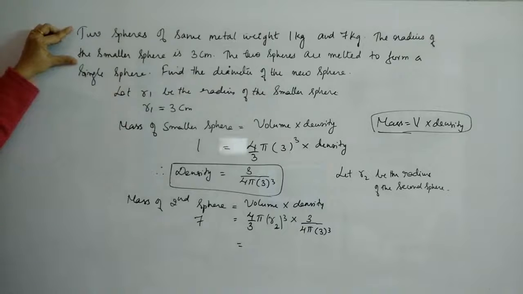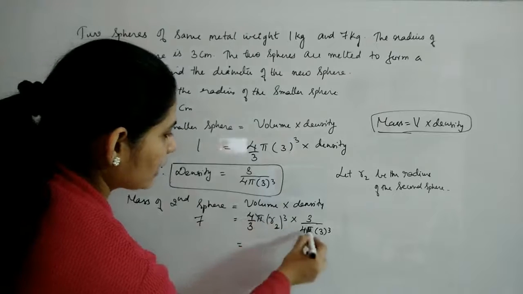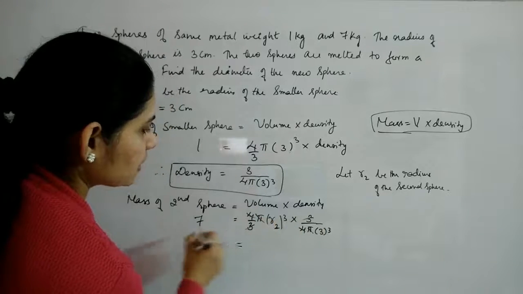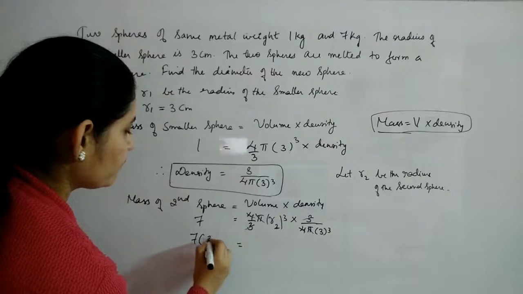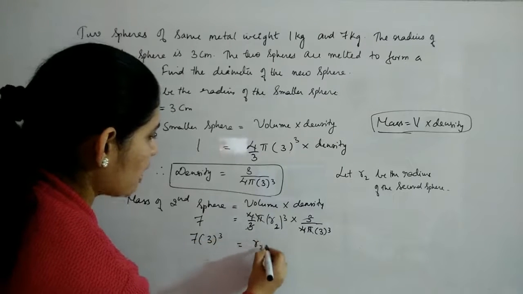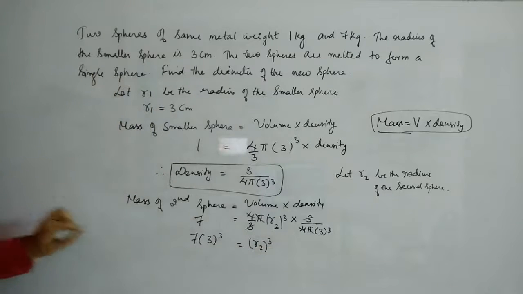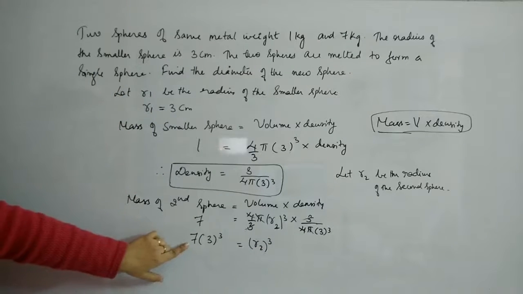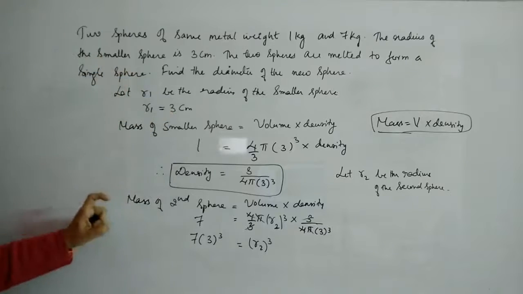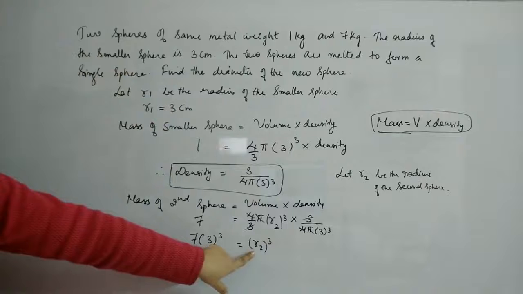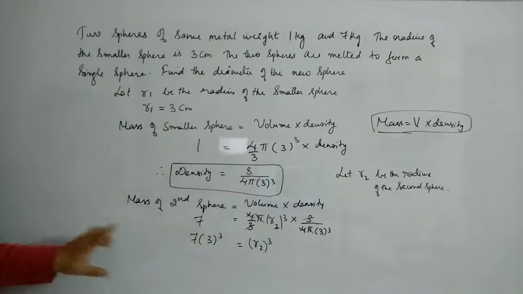So here what you will get, what is R cube? 4 by 3, sorry, pi cancel, 4 cancel, then this 3 cancel, and here you will get 7 into 3 cube as R2 cube, right? So this is what, now I am not reducing this so that it is helpful for the other thing, for taking that common and all. That's why I'm just writing R2 cube as 7 into 3 cube. I'm not simplifying it. Okay.